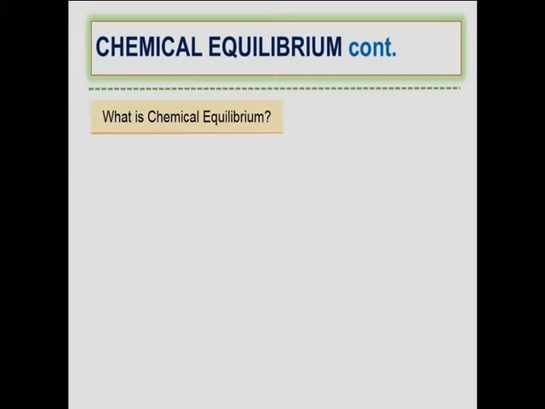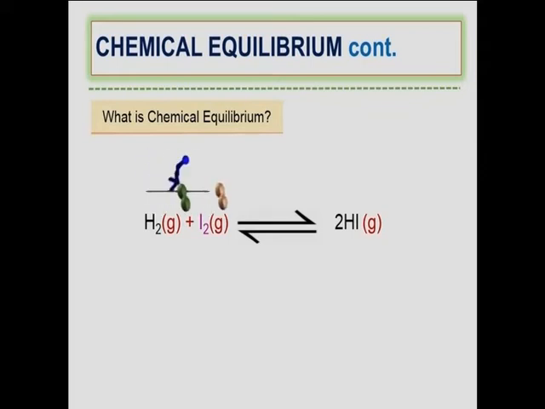Now, what is chemical equilibrium? Let's look at the same reaction. Hydrogen combines with iodine to form hydrogen iodide, and since the reaction is reversible, hydrogen iodide breaks back to give the reactants.